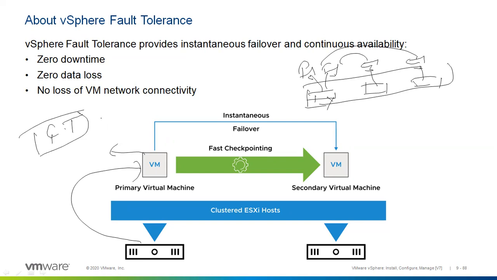If you enable fault tolerance, it will create a secondary VM somewhere on another host and keep this VM in standby mode. Standby mode means only one virtual machine works at a time. So enabling FT means creating a secondary virtual machine on another host in that cluster, and it will keep syncing data between the primary and secondary virtual machine.